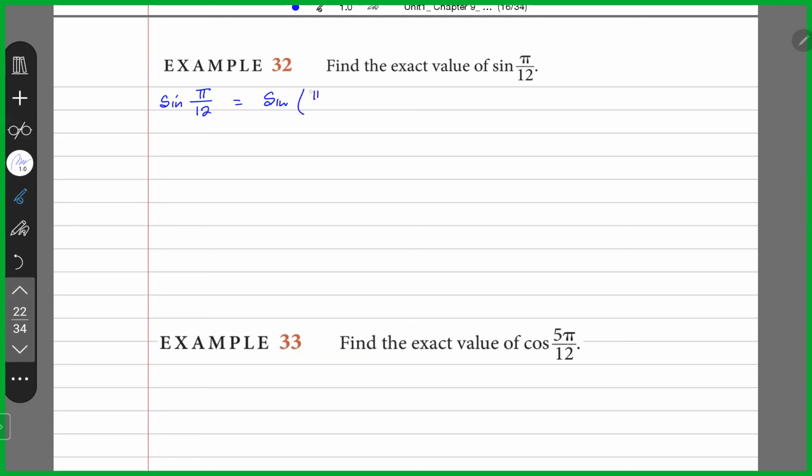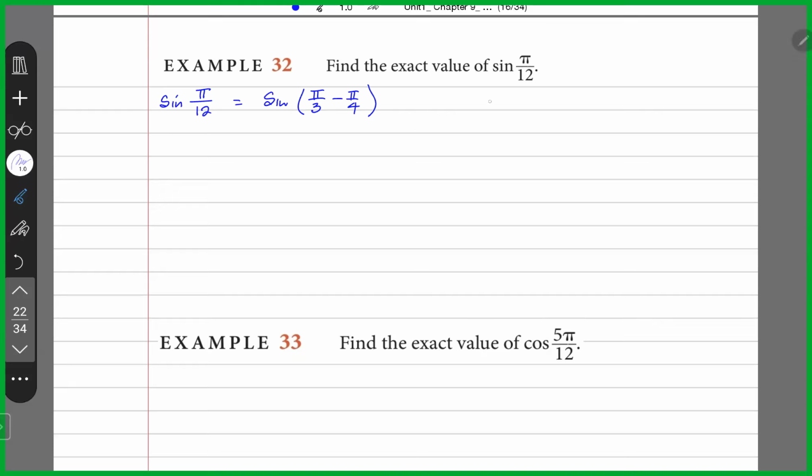Pi by 3 minus 45 degrees, which is pi by 4. So that's one way of looking at it. The sine of pi by 12 is the sine of pi by 3, which is 60 degrees, minus pi by 4, which is 45 degrees.